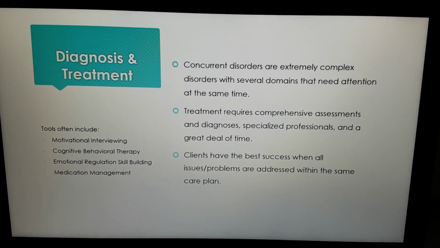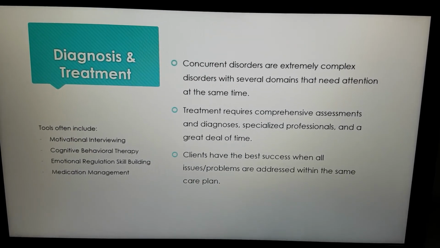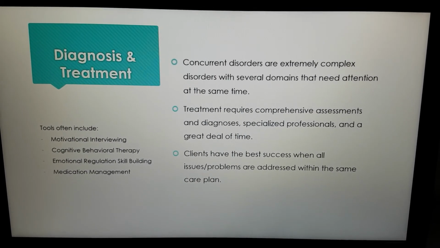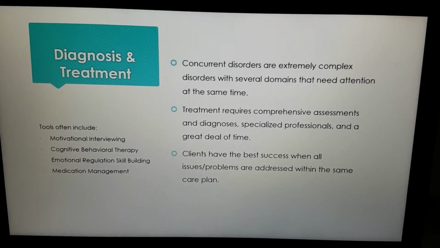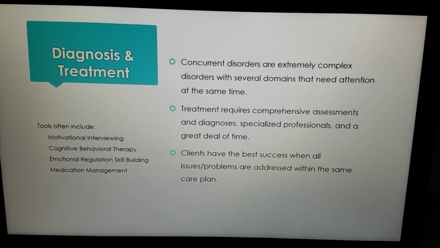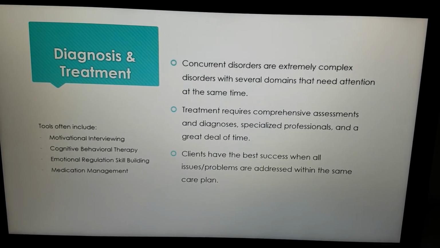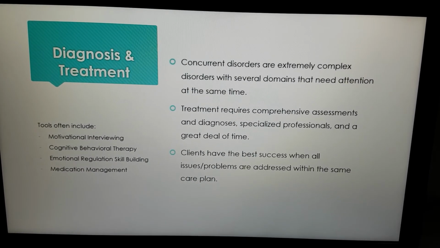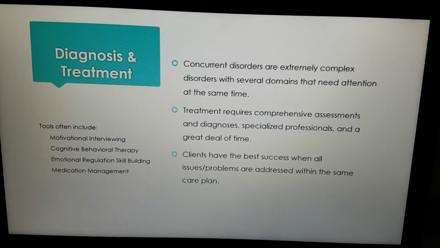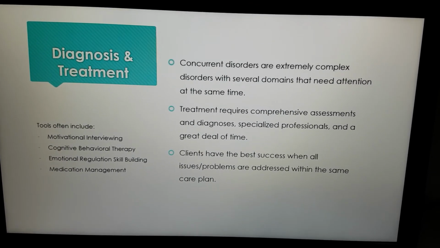Concurrent disorders, as was talked about earlier in our presentation, are very complex disorders with several domains that need attention at the same time. So the treatment requires comprehensive assessments and diagnosis, specialized professionals, and a great deal of time. Clients have the best success when all issues and problems are addressed within the same care plan.